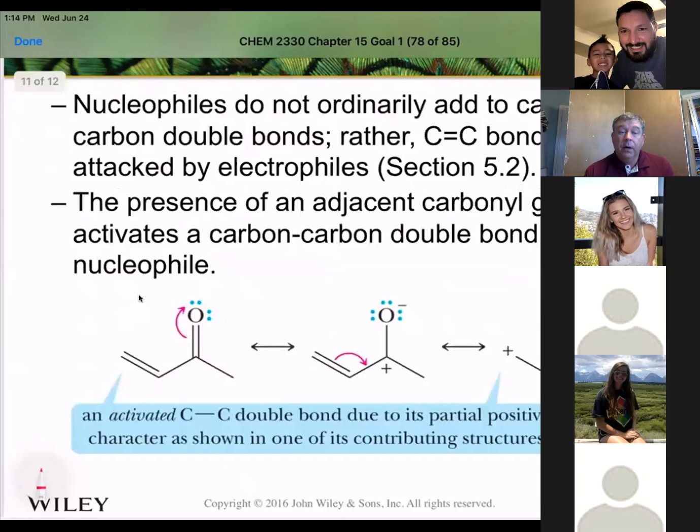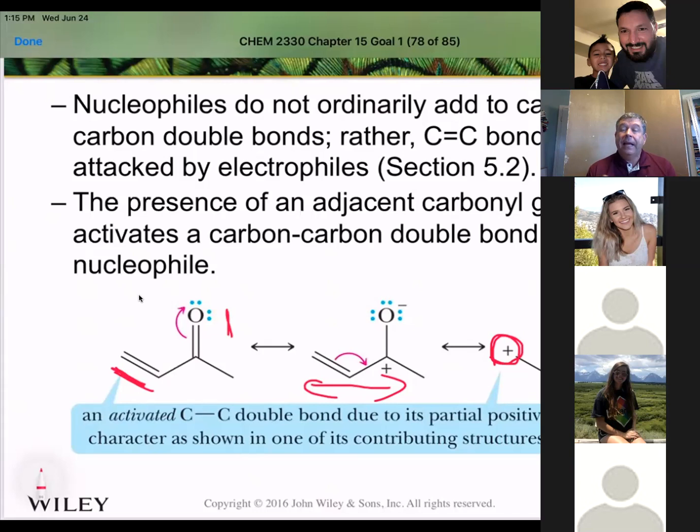This works because if we look at our resonance structure with our double bond here and our carbonyl here, we can use resonance to go back and forth to generate a partially positive charge at that beta carbon, that carbon 2 over from the carbonyl, and a negative charge here.